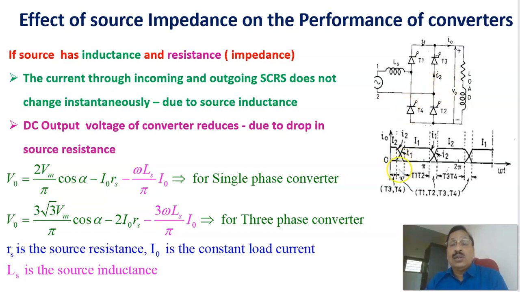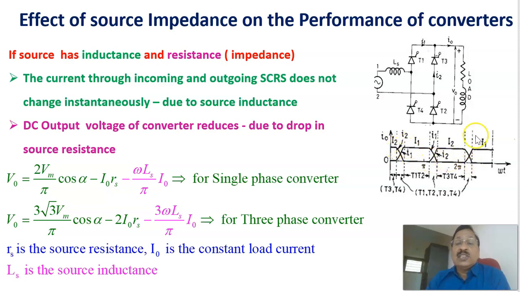That is, this current transition period is called the overlap angle mu, and this is called the firing angle alpha. That is the effect due to the source inductance. During this period, the output voltage equals 0.